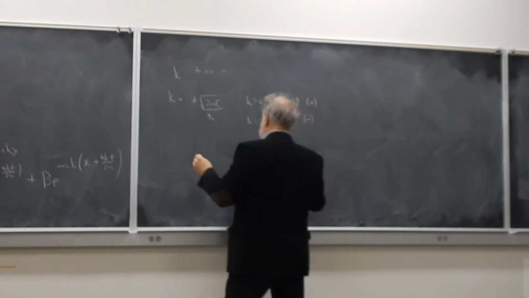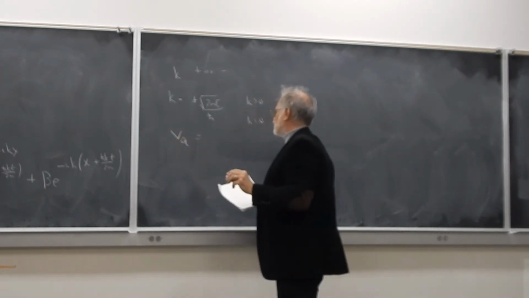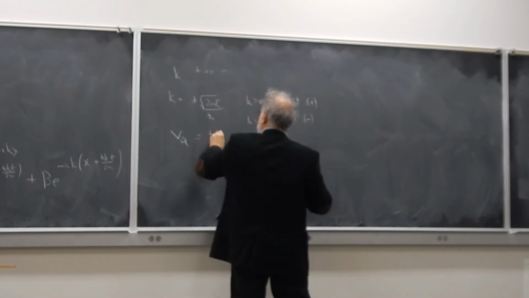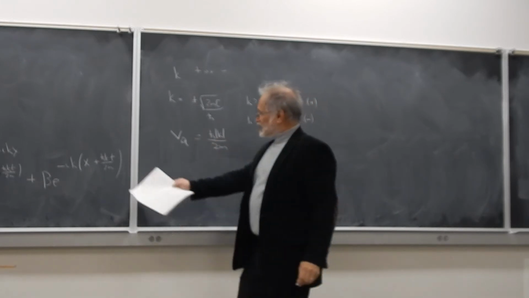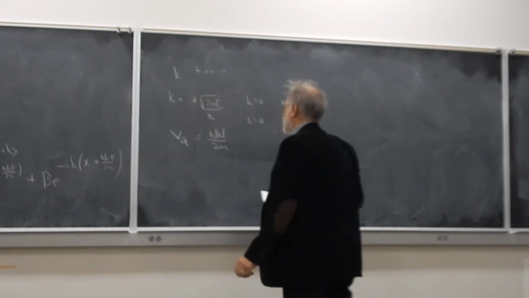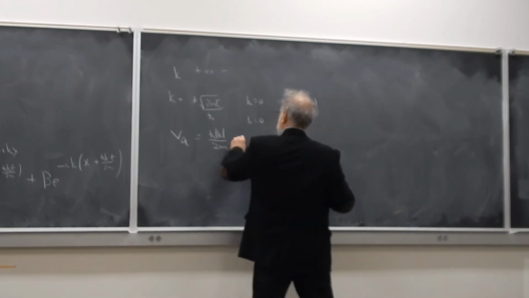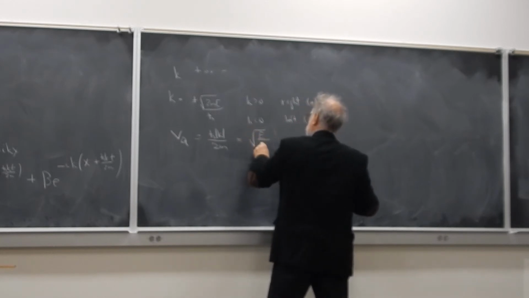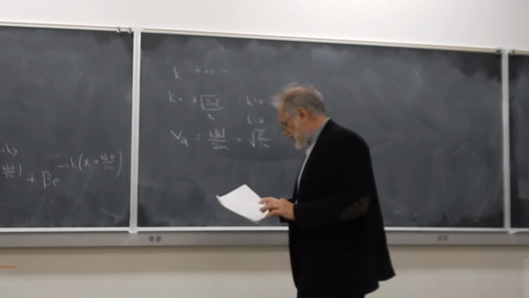Speed of the wave, as we said, let's call it the quantum speed of the wave, v quantum. That we said is h bar magnitude of k over 2m, because that's the coefficient of t in my exponential equation. And I can write that also in terms of E as the square root of E over 2m. I want you to compare this, though, to what you know classically.